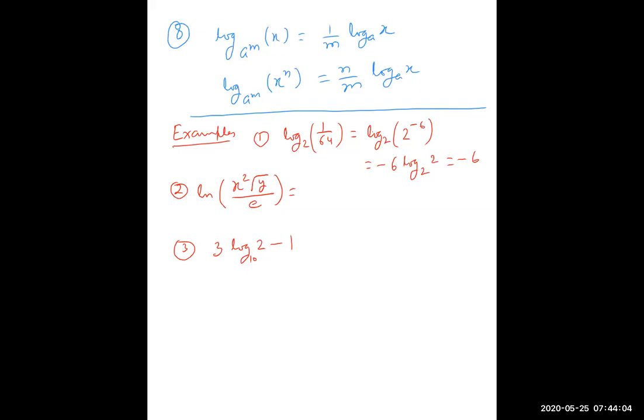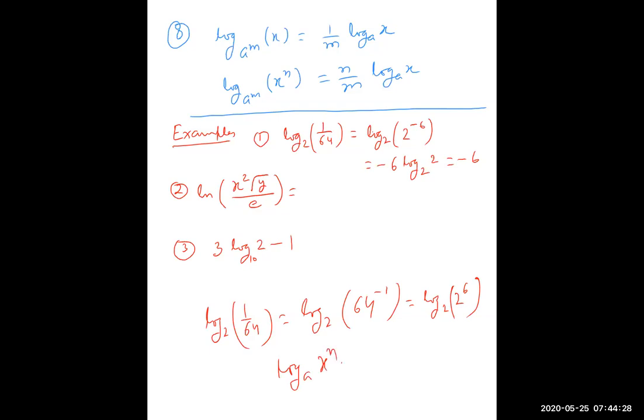Okay, see first one, see log_2 of 1 upon 64. So you can write log_2 of 64 raised to power minus 1, 1 upon 64. 64 is 2 raised to power 6. So you can write log_2 of 2 raised to power 6. Now I have given the concept that log_a of x raised to power n is equal to n log_a x.